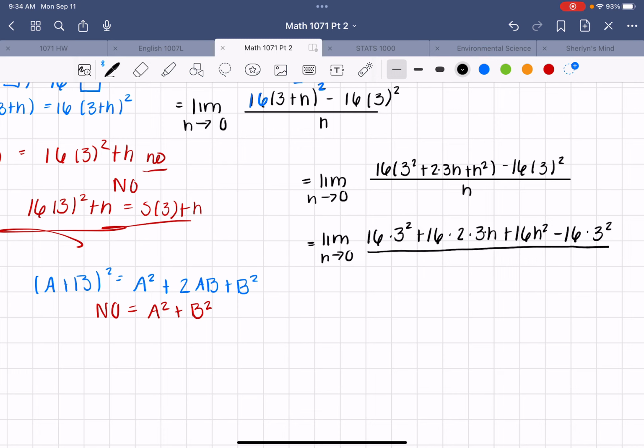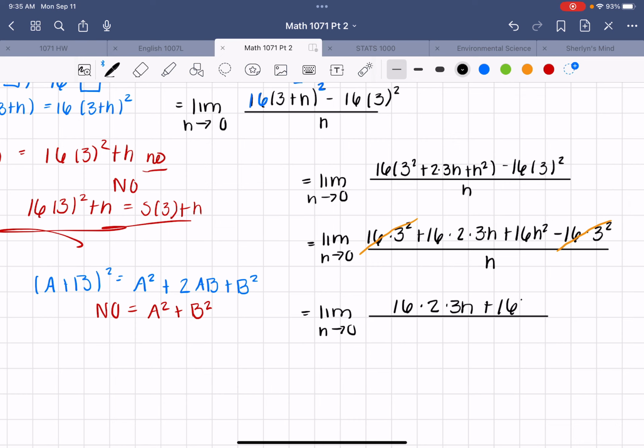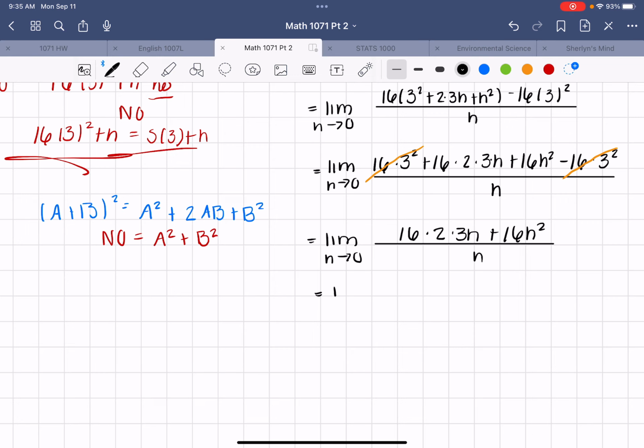You look at those and you say, oh, there are 2 terms in the numerator that have a common h factor. I can factor the h out. That's the limit as h goes to 0 of: factor the h out, here you're left with 16 times 2 times 3 plus 16h all over h. And now we use the limit thing. Remember, we're only taking the limit as h goes to 0. H is tiny, but it's not 0.